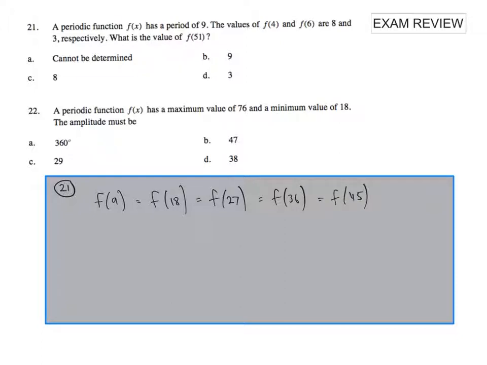But it also means that every other value becomes periodic too. So f4, if you add 9 on, will equal f13. And that will equal f22. And that will equal f31. And that will equal f40. And that will equal f49.